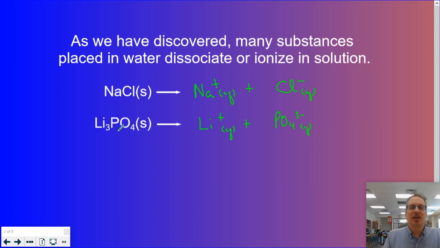So three lithiums on the left, one on the right. So we're going to need a 3 here. One phosphate, one phosphate. 3 minus plus 3 positive, no charge on the right, no charge on the left. So this is balanced as well.